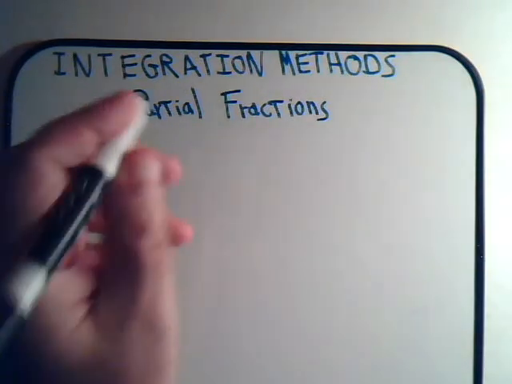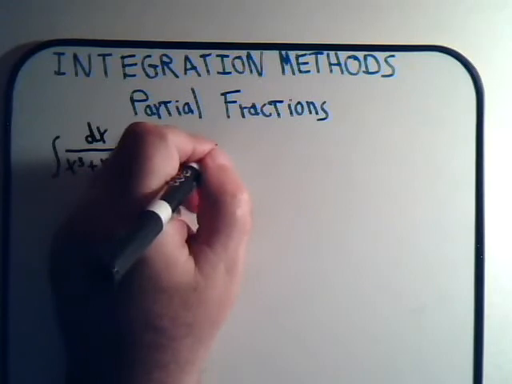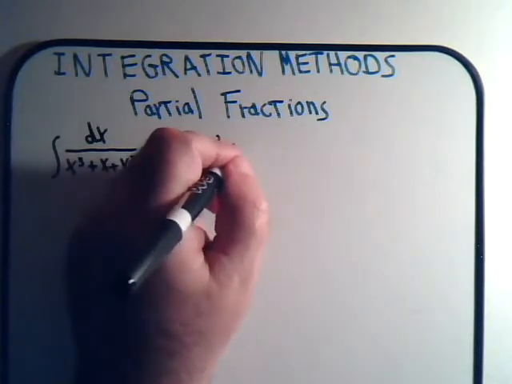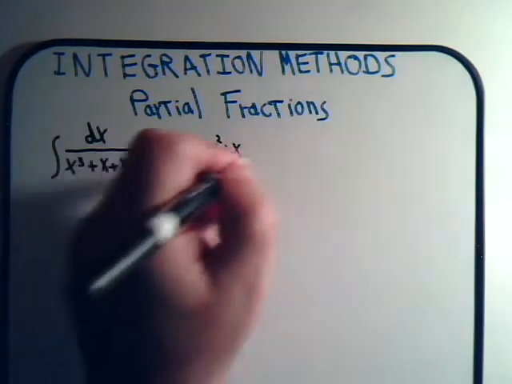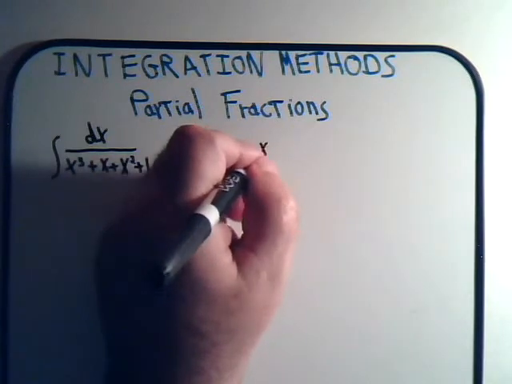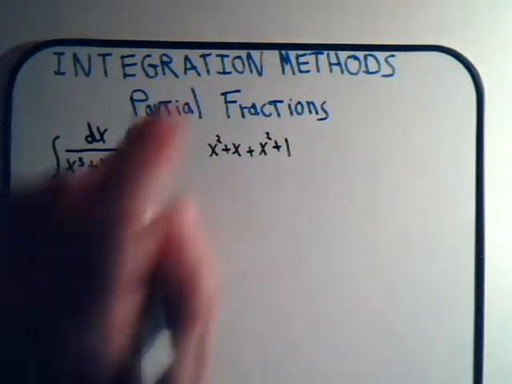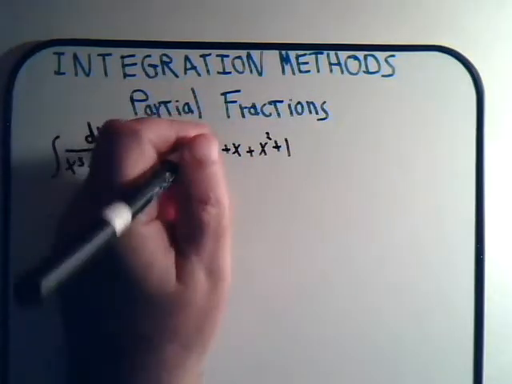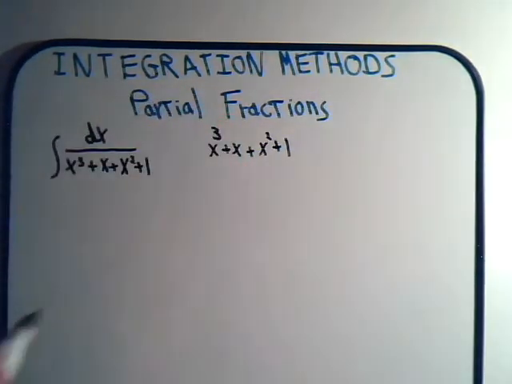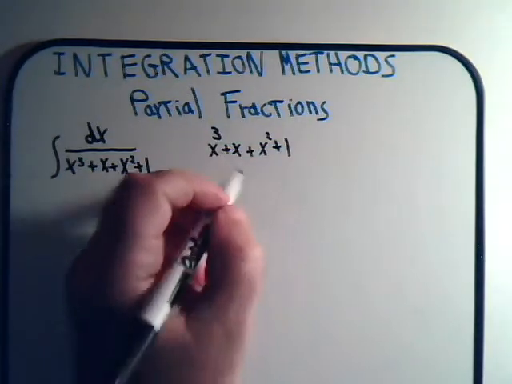We have this expression, x cubed plus x squared plus 1. And this is x cubed, not x squared. So factor an x out of here.